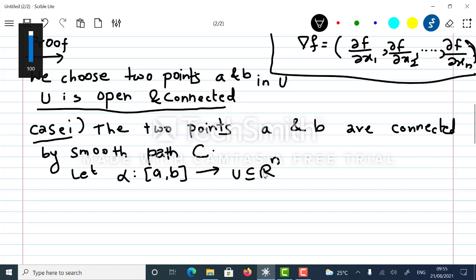Note that U is a subset of Rn and C is a curve inside U. So let alpha be a parameterization of C.